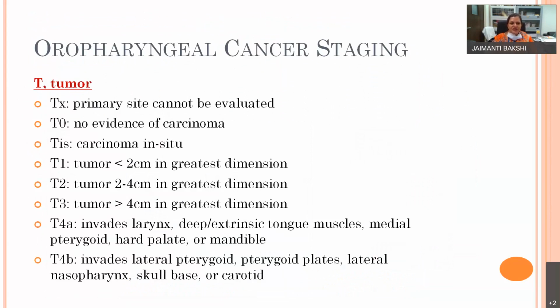If depth of invasion is less than 4 mm, the tumor remains at stage T1. If depth of invasion is between 4 to 10 mm, the tumor stage is T2. If depth of invasion exceeds 10 mm, then the tumor stage goes up to T3, irrespective of the size of the tumor.